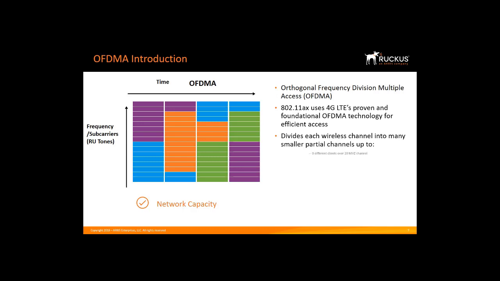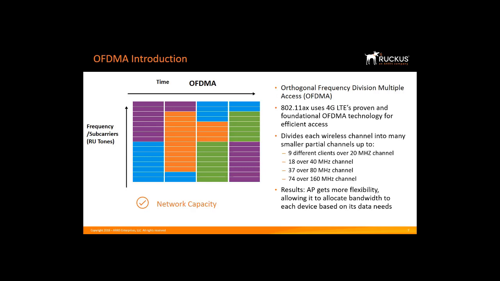This allows up to 9 different clients to talk to the AP at once over a single 20 MHz channel, 18 over a 40 MHz channel, 37 over an 80 MHz channel, and 74 over a 160 MHz channel instead of just 1. Through these smaller channels, the AP gets more flexibility, allowing it to allocate bandwidth to each device based on its data needs. This helps to increase overall network performance.